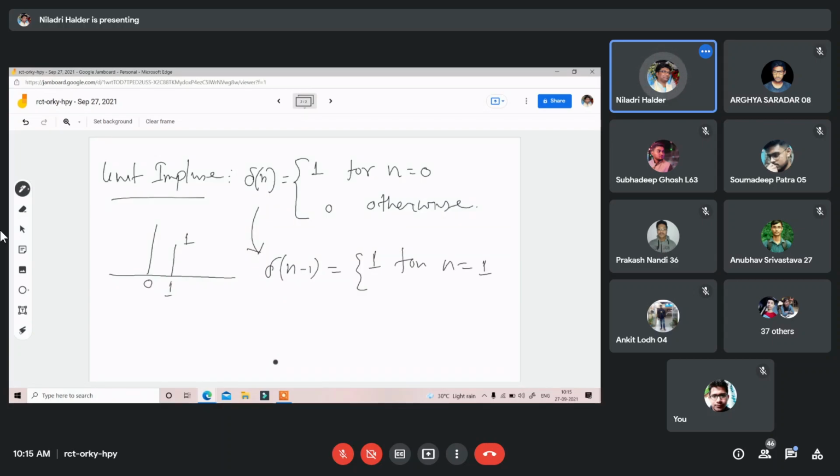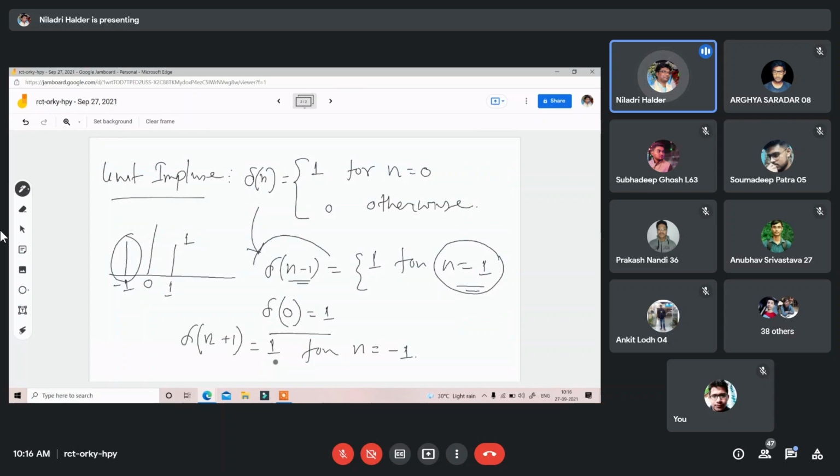Simply keep in mind, if we put the value of n here, that must give delta[0], because the value of delta[0] is always 1. If we want the unit impulse at position minus 1, obviously you need to write delta[n+1]. Delta[n+1] will be 1 for n equal to minus 1.